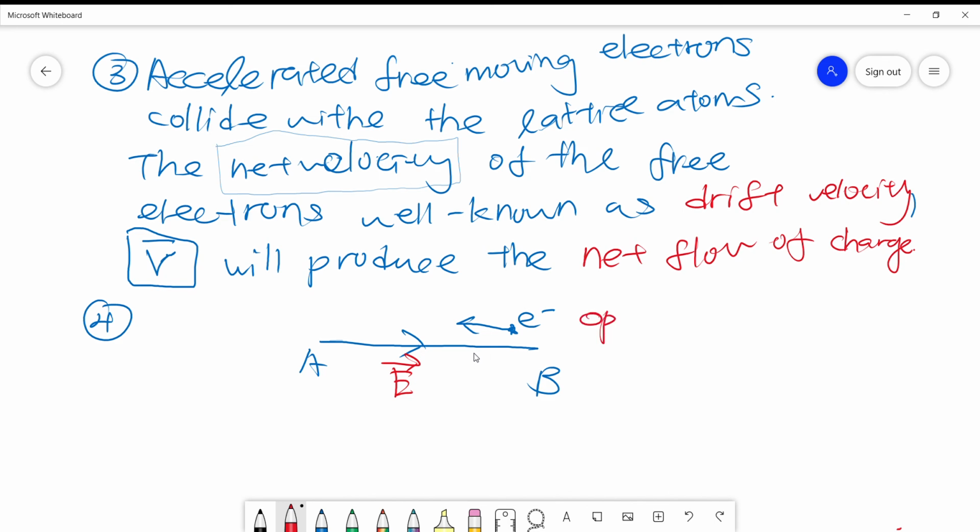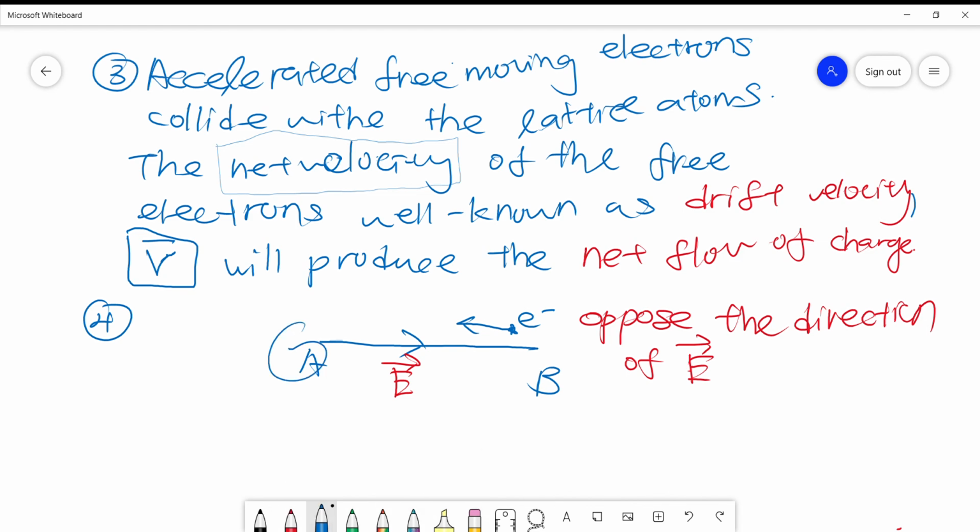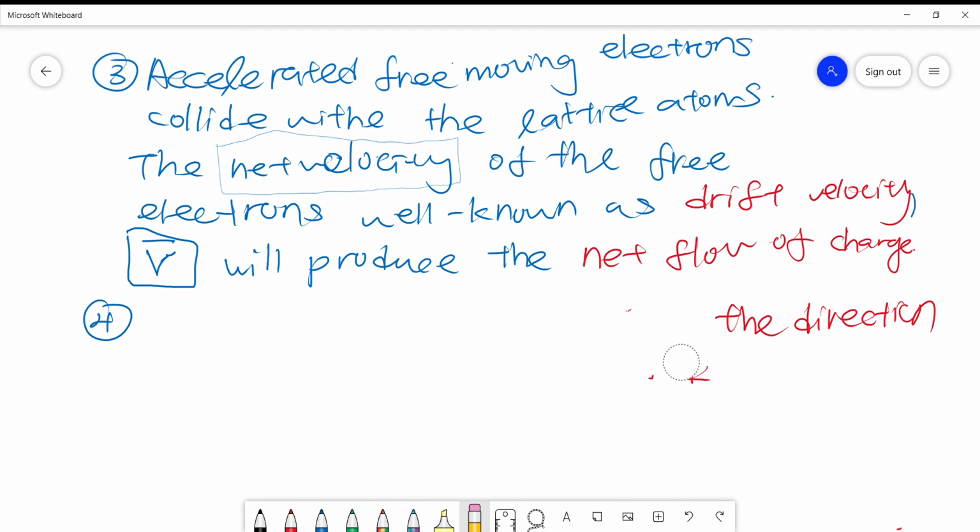So this is opposite to the direction of E. In this case, if the electric field is supplied in the direction from point A to point B, it means that the direction of flow of a free electron is from B to A.